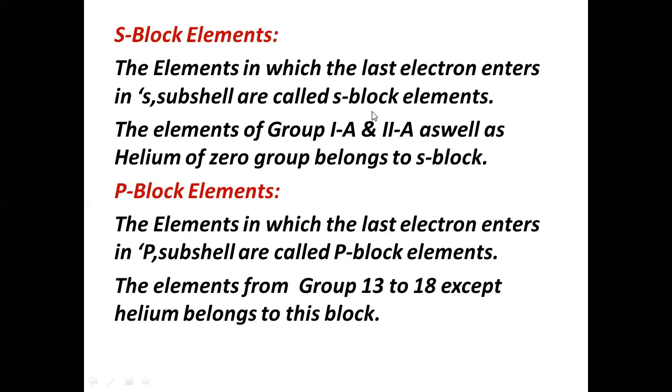Helium does not belong to this block, because the electronic configuration of helium is 1s2. Its configuration stops at the S subshell. So helium is an S block element, while all the rest are P block elements.